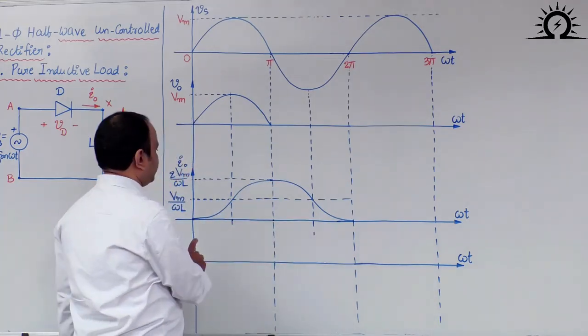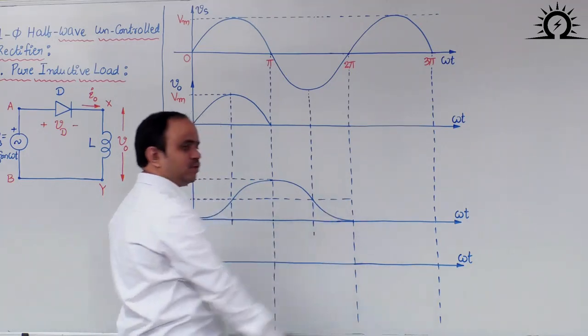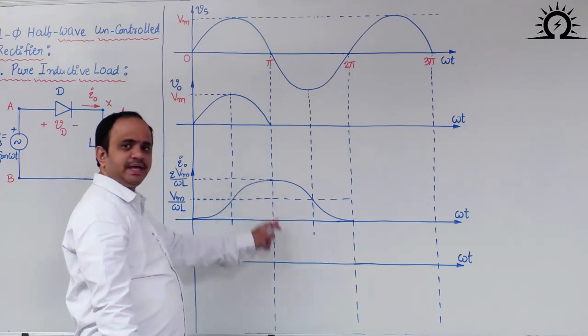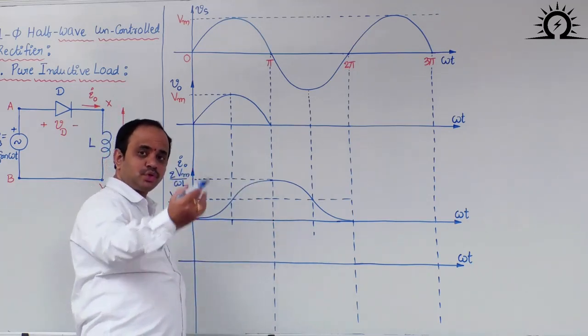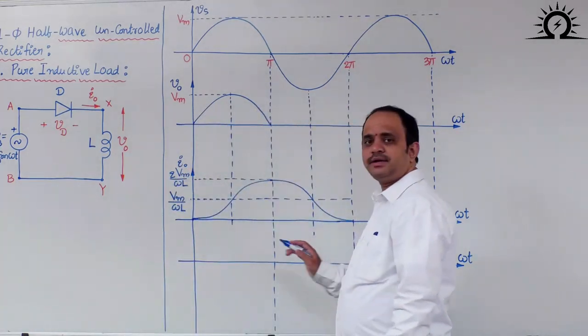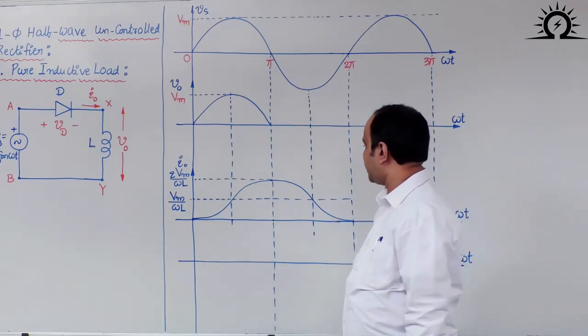Now, observe very carefully here, what is the inductor condition from 0 to 2 pi in one cycle? From 0 to pi, it is storing energy from the source. The source is supplying that energy to it. From pi to 2 pi, the inductor releases that energy, to whom? Back to the source. Okay.